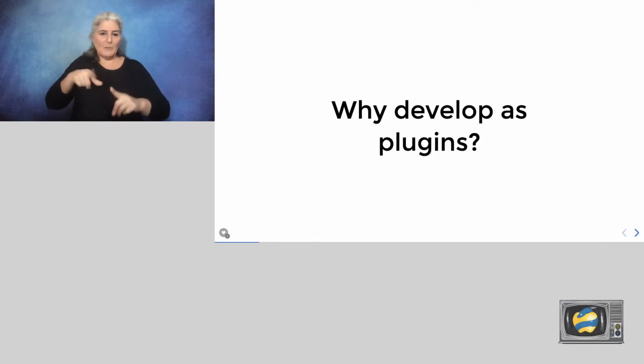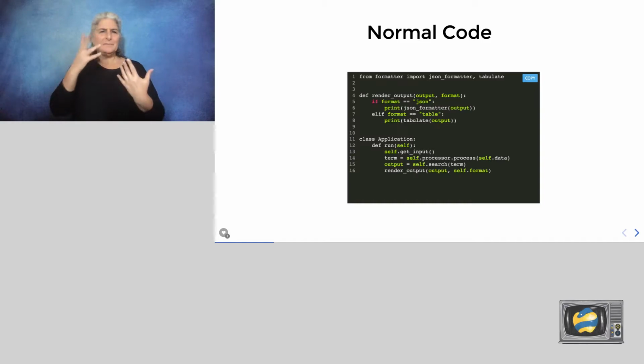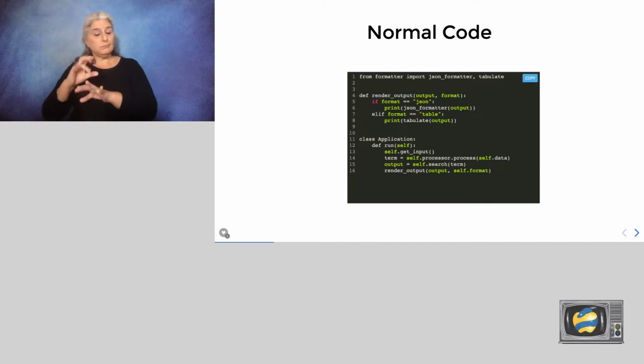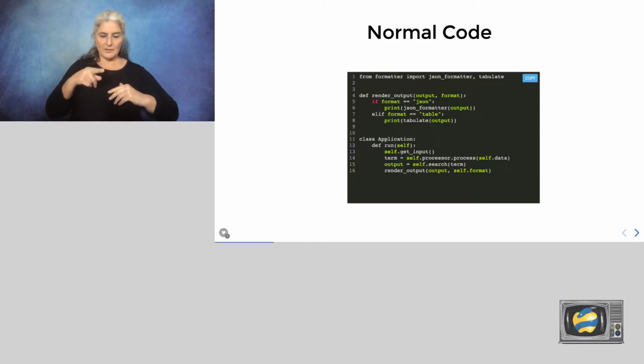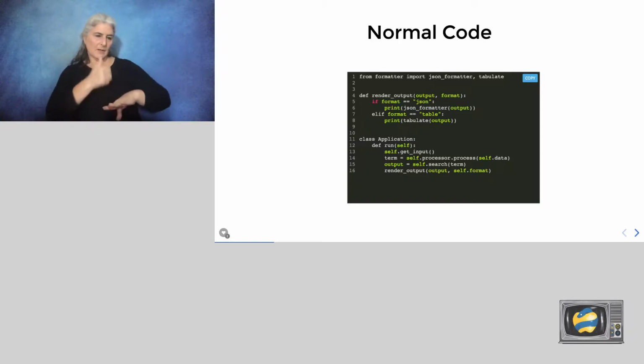Why develop as plugins? During the course of the talk, for all the code samples, I will use a simple command line application which gets input from the user, queries the Gutenberg project with that input, formats the result and prints it to the terminal.